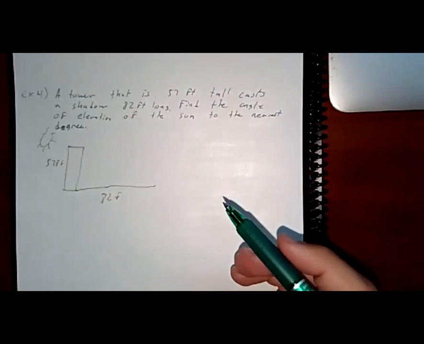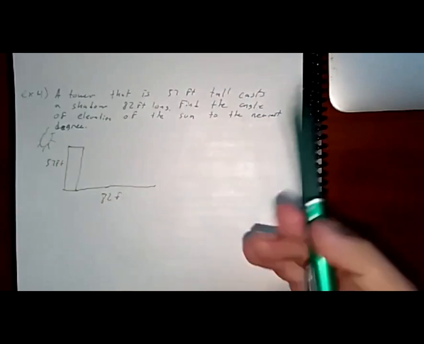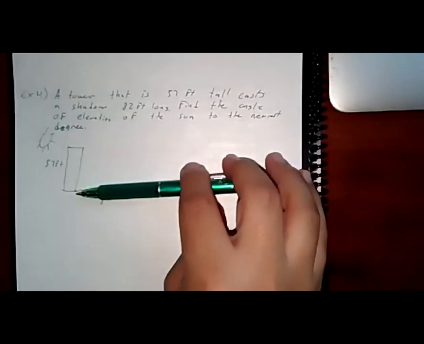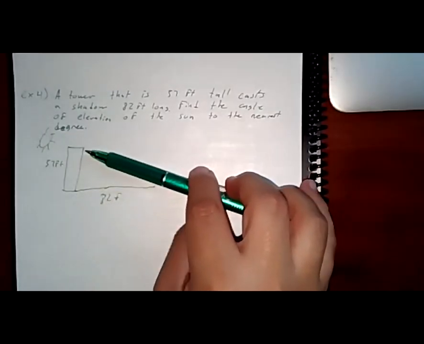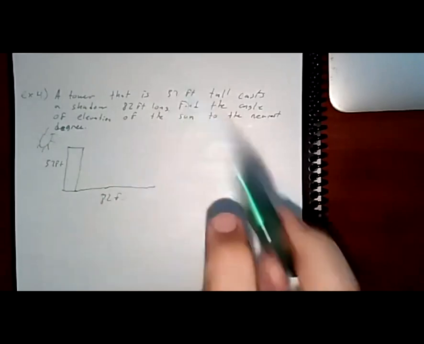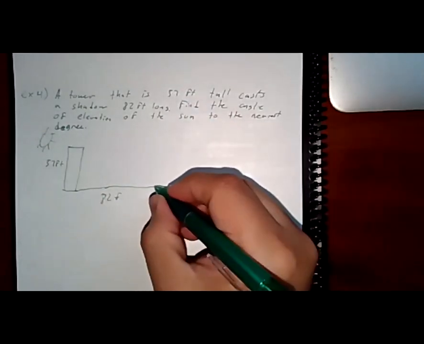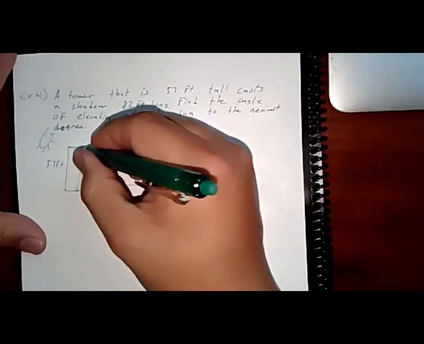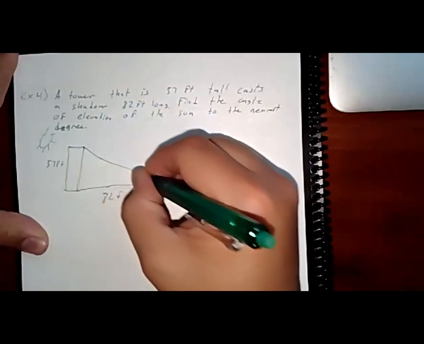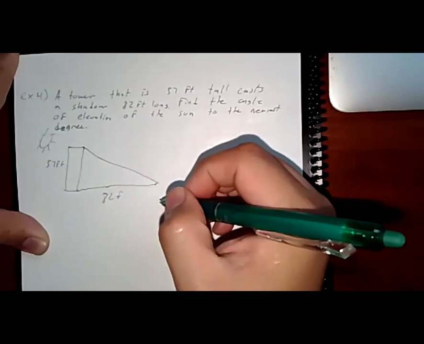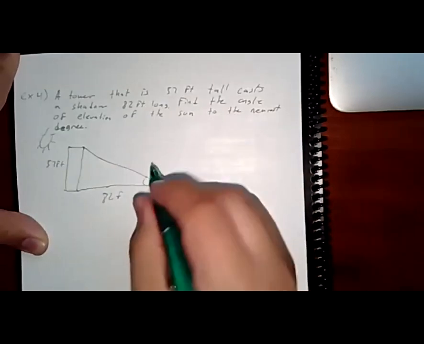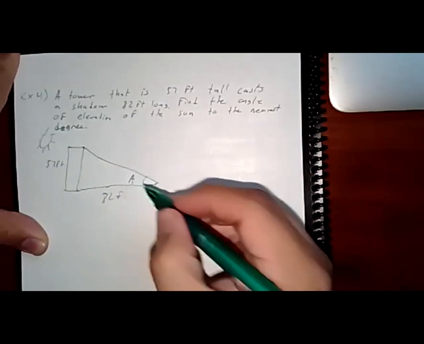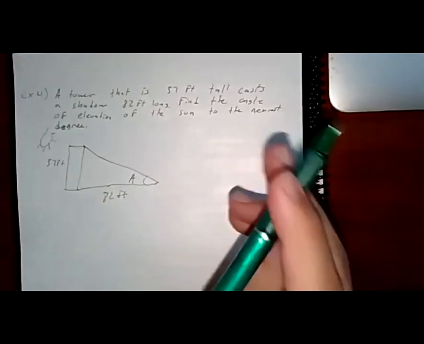When they say angle of elevation, that means looking upward. If you're standing here, what is this angle that we will call A?